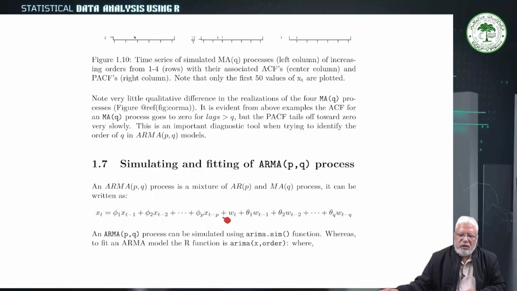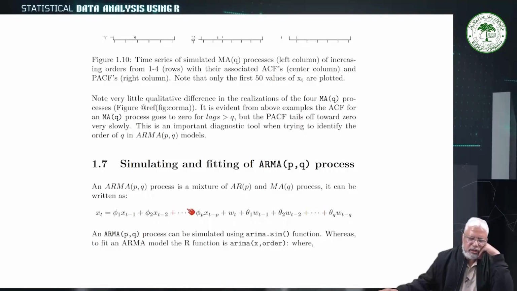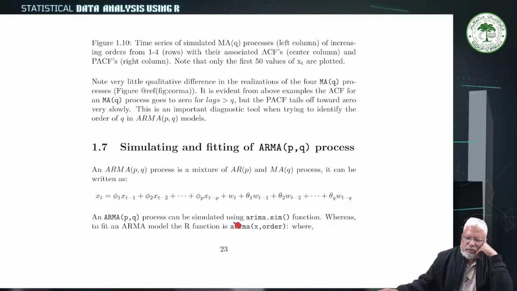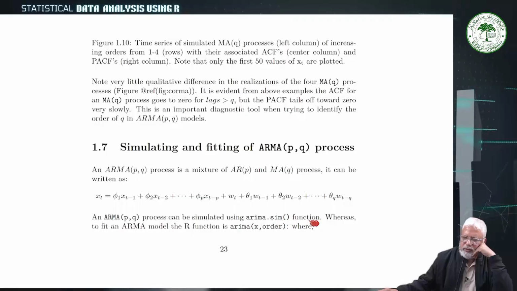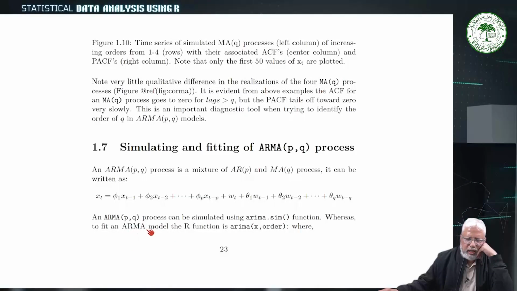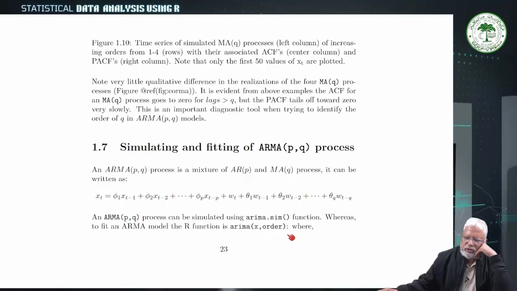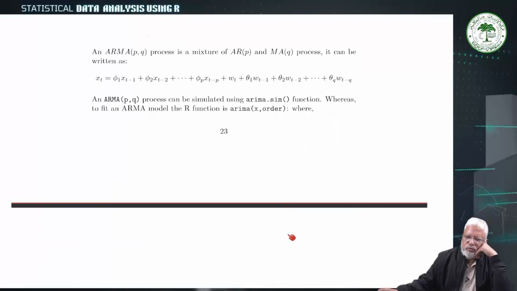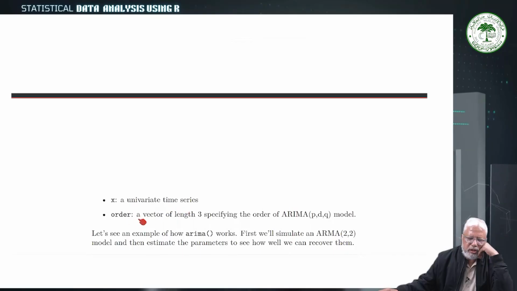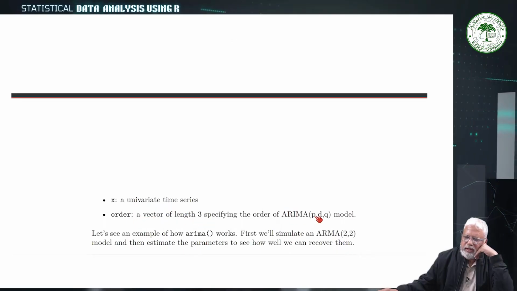So, this is the mixture of the AR as well as MA process. An ARMA(p,q) process can be simulated using the arima.sim function, whereas to fit an ARMA model, the function is arima(x, order), where x is a univariate time series and order is a vector of length 3 specifying these things.